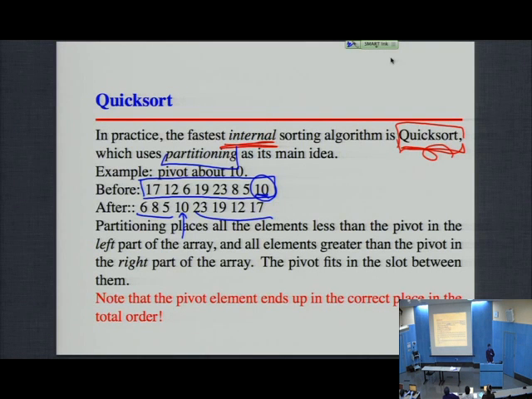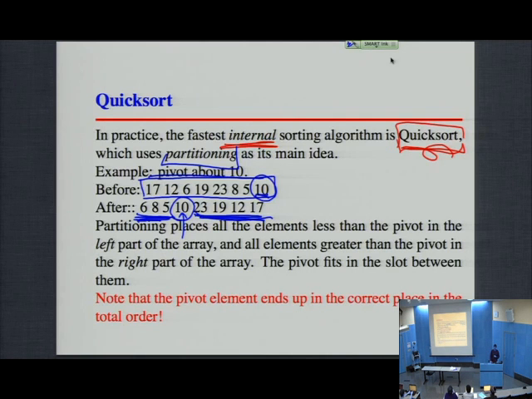Okay? So let me go through and see how I can do this. How can I take my pivot element, in one sweep through the array, partition the elements so that all the guys that are less than it go to the left of it, all the guys that are bigger than it go to the right of it, and the pivot itself ends up in the right spot?